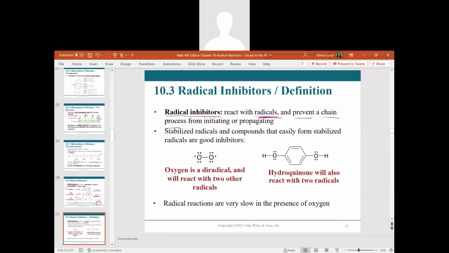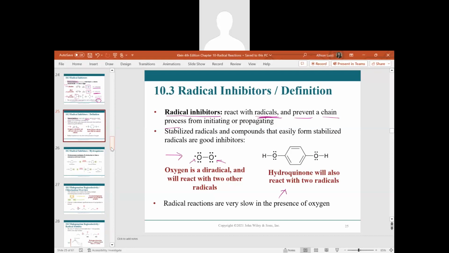So if you do not want a radical mechanism to cause a propagation and then chain reaction to happen, you can use inhibitors such as hydroquinone, which could react with two radicals, or this oxygen diradical could also react with a radical over here or a radical over there. So whether you want to continue your reaction with propagation or inhibit it, you have choices if you use inhibitors.